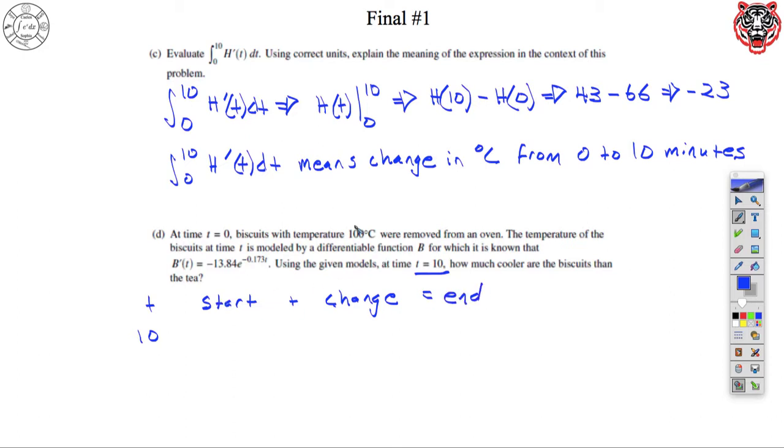So our start, it tells us that they start with a temperature of 100 degrees, and we're going to add this integral. It's not subtracting because it's already including that negative, so it's going to be from 0, because at time equals 0, to time equals t, which is 10. And of this b prime of t, I'm lazy, so I'm just going to write b prime of t, because I have a calculator to do this work for me, and I will get the final temperature.